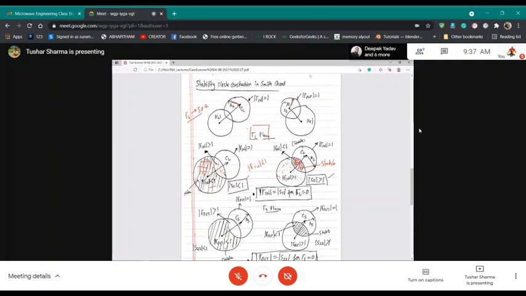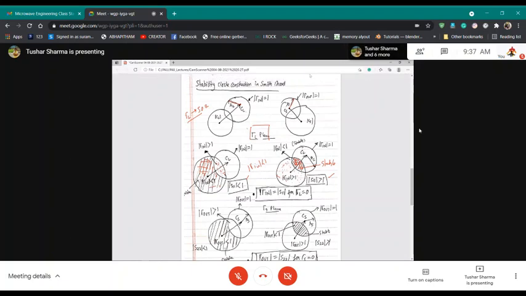So it's basically simple to remember this. How can you think of it? You have two cases: S11 less than 1, and S11 greater than 1.